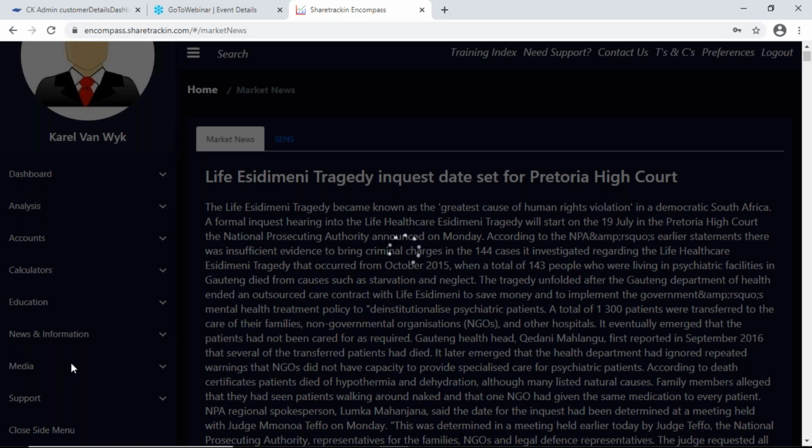Then while this is loading, I have a media tab, which I can also use, which I will explain now. I'm just waiting for it to finish loading. Like I said, it's loading all the market news that we have regarding the market.